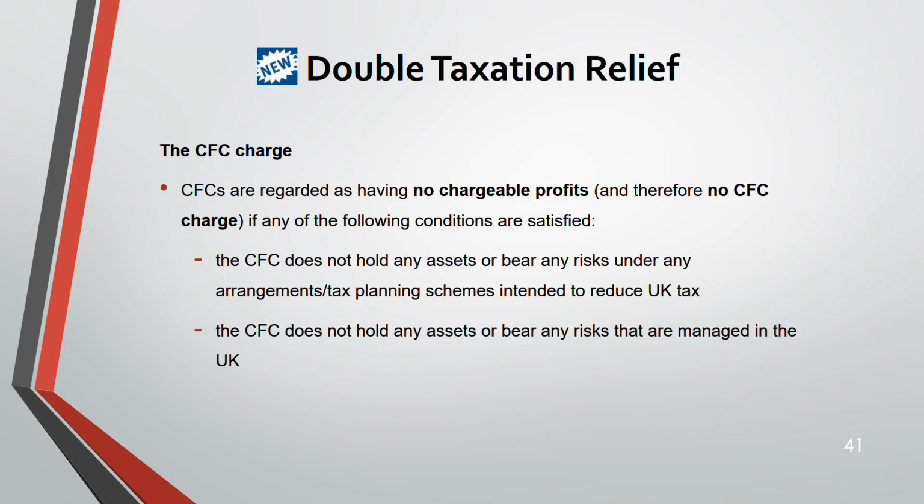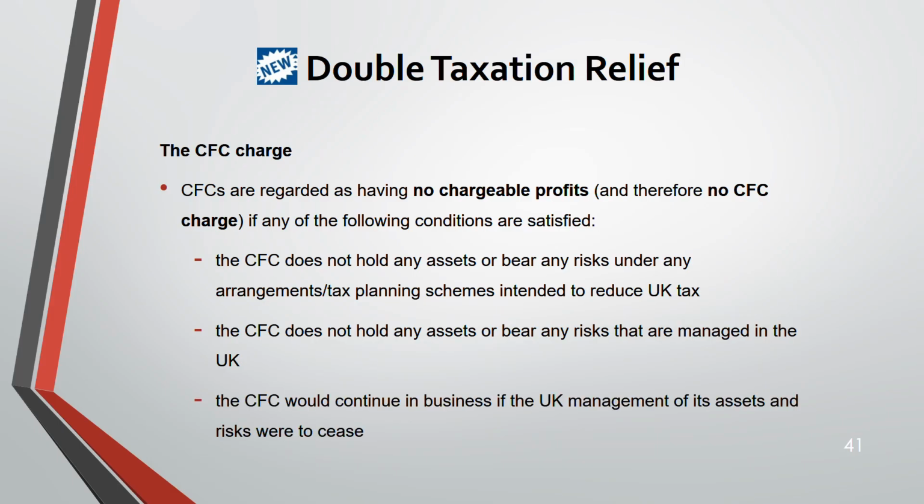Next, the CFC does not hold any assets or bear any risks that are managed in the UK. Third, the CFC would continue in business if the UK management of its assets and risks were to cease. That means the CFC will still continue its business even if the UK management of its assets and risks stops, ceases, ends. In this condition, there is no chargeable profit, so the CFC charge will not arise.